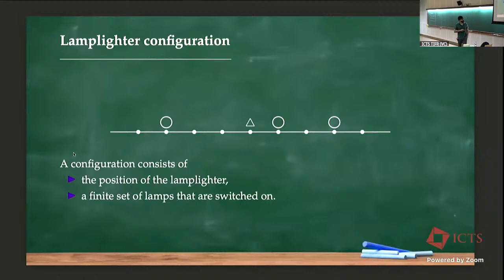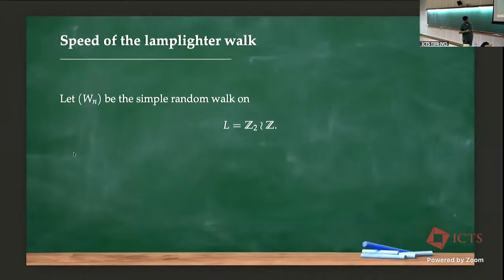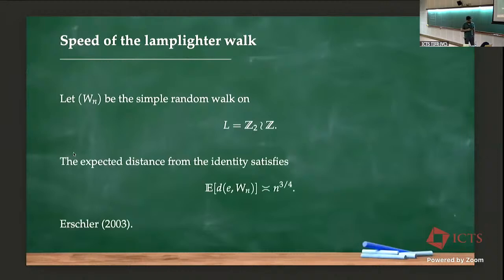Okay, so what can we do here? We can have a random walk on the Cayley graph of this lamplighter group. It's a highly non-trivial fact, going back to Anna Erschler roughly 20 years ago, that the speed is not linear.